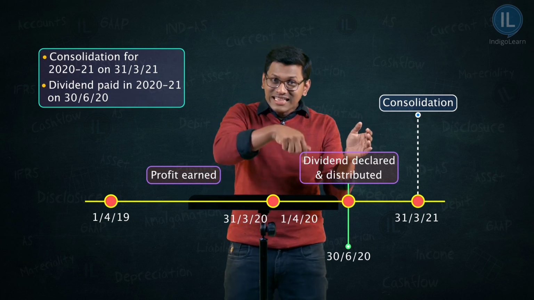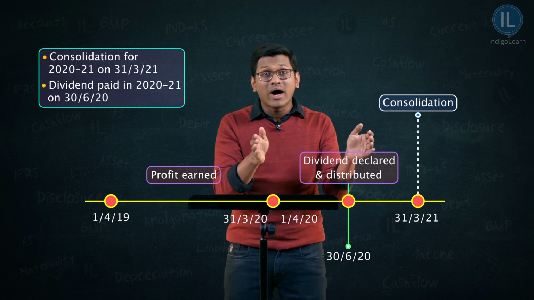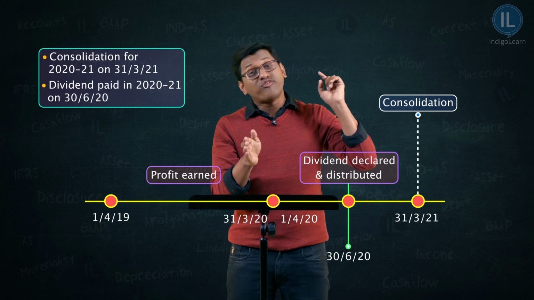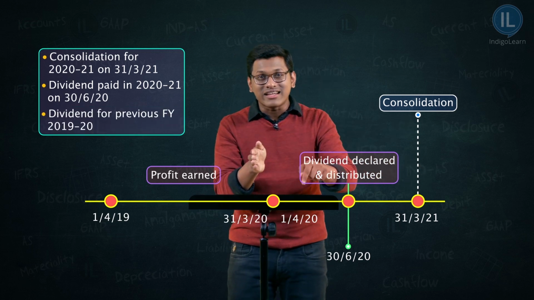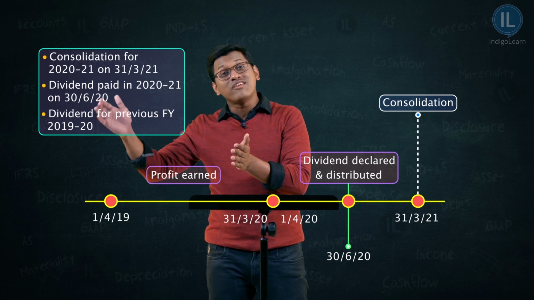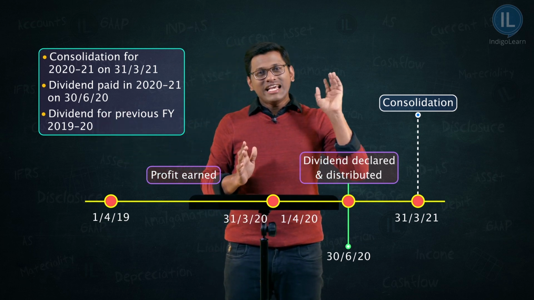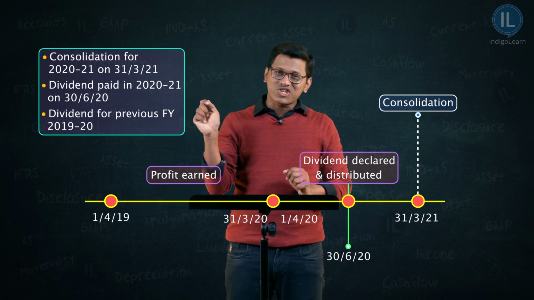Dividend paid in the current year on 30th June 2020, but it is not the dividend paid for the current year. It is paid in the current year for the previous financial year. Understand carefully. It is paid in the current year for the previous financial year.